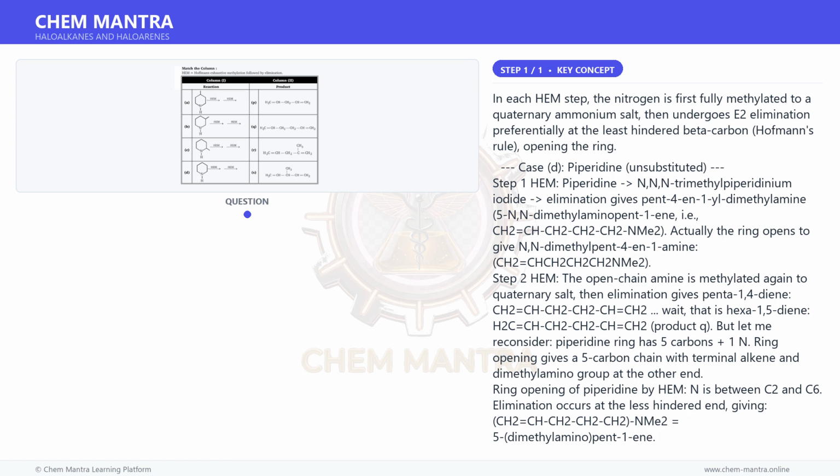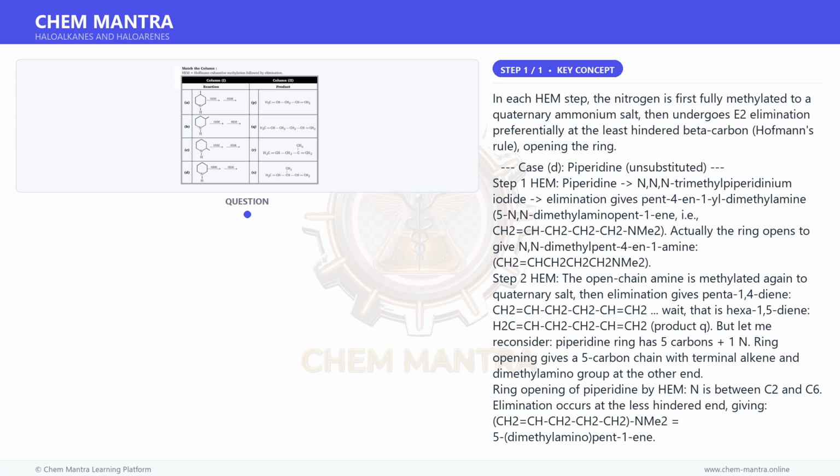The chain is 5 carbons, H2C=CH-CH2-CH=CH2, penta-1,4-diene, product P. So, D matches P. This matches the given answer.